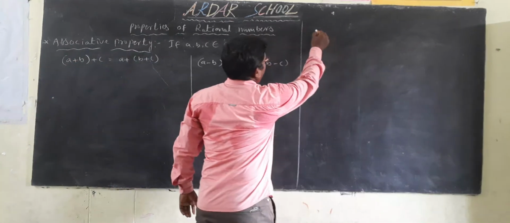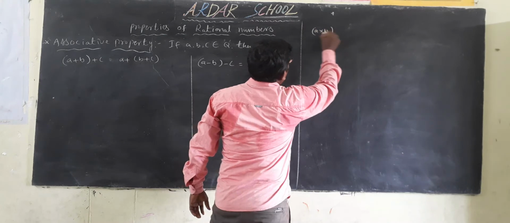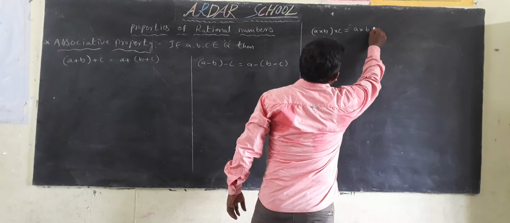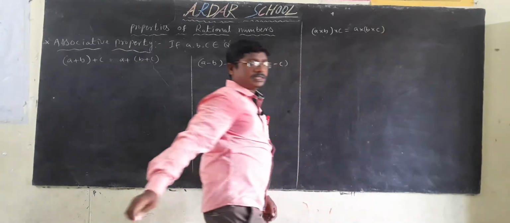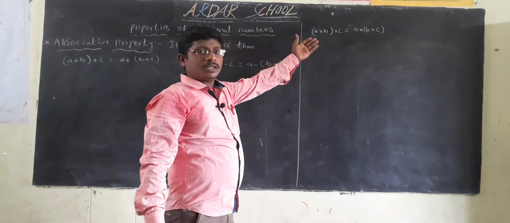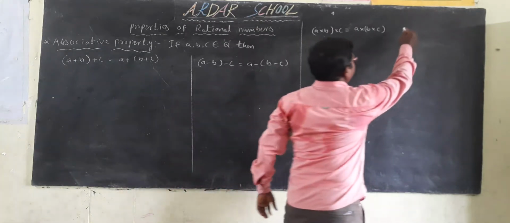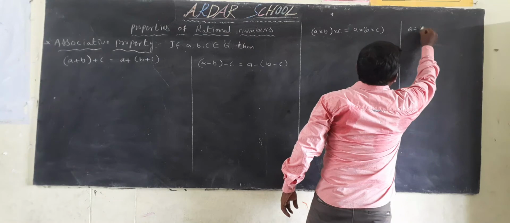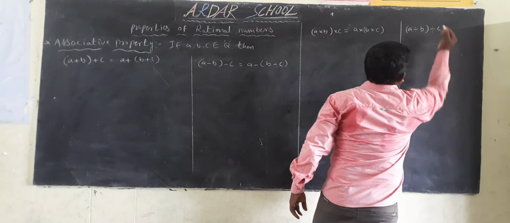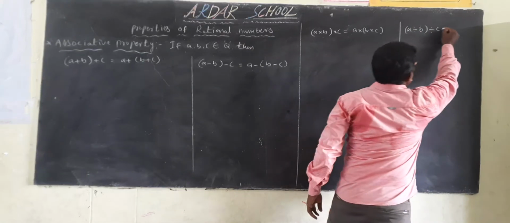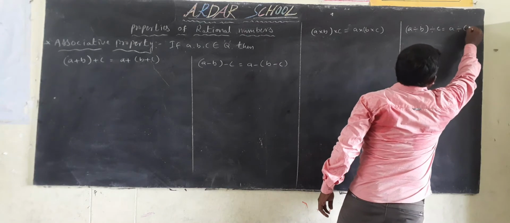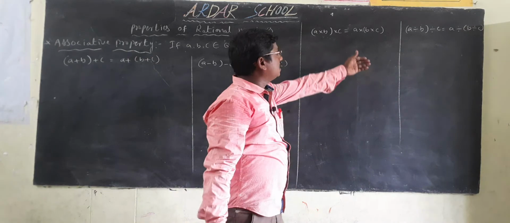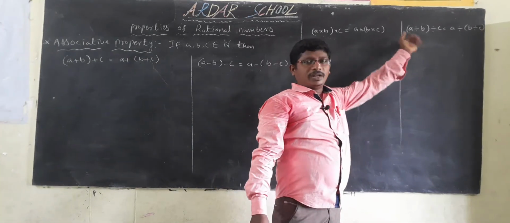Next, multiplication. (a × b) × c is equal to a × (b × c). This is the associative property under multiplication. Next, division. (a ÷ b) ÷ c is equal to a ÷ (b ÷ c). This is the associative property under division.